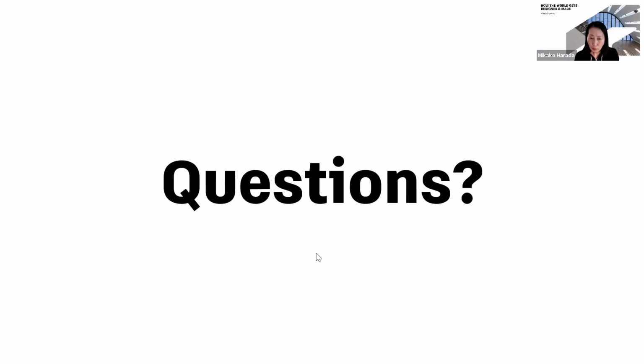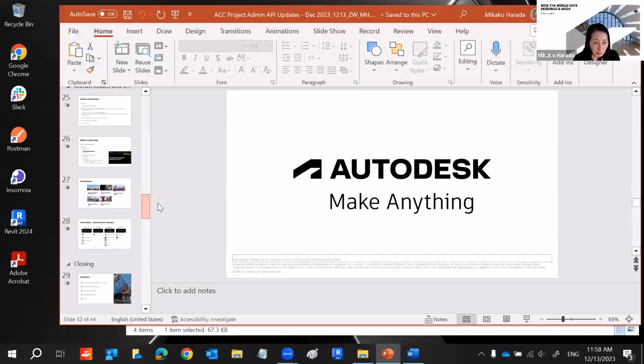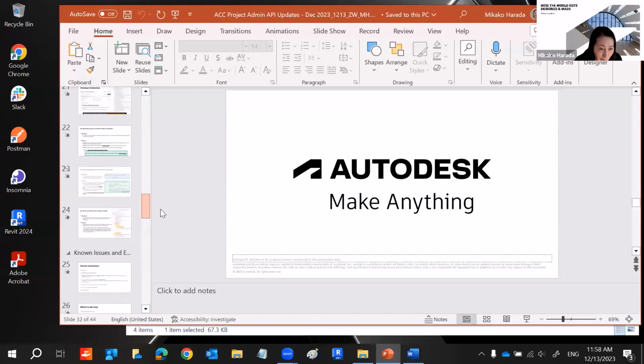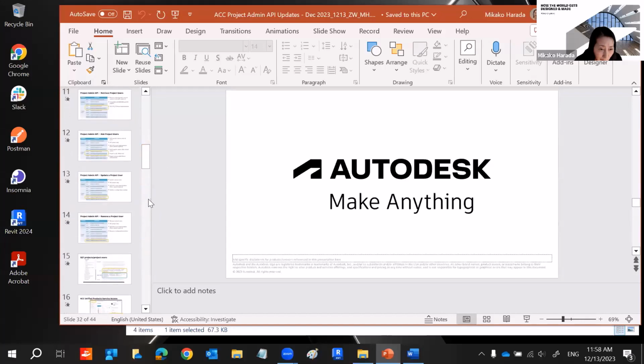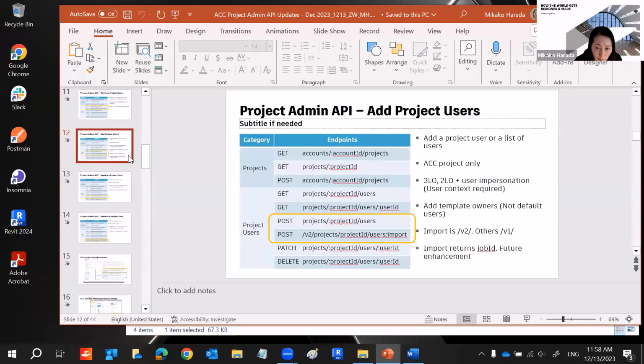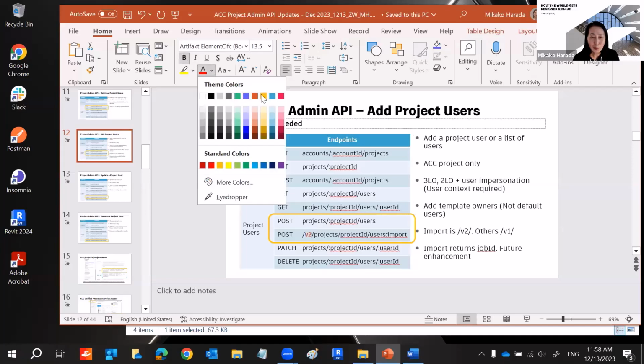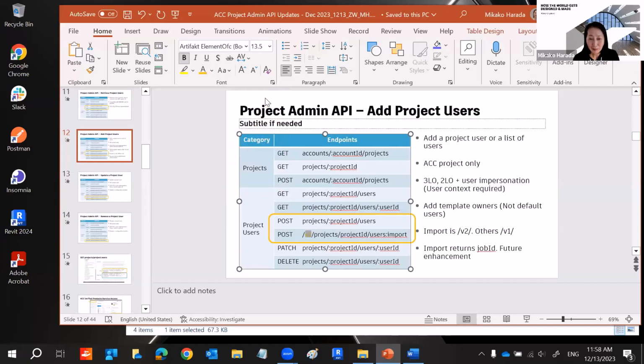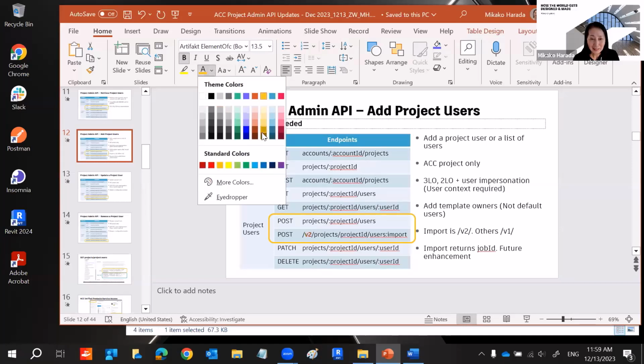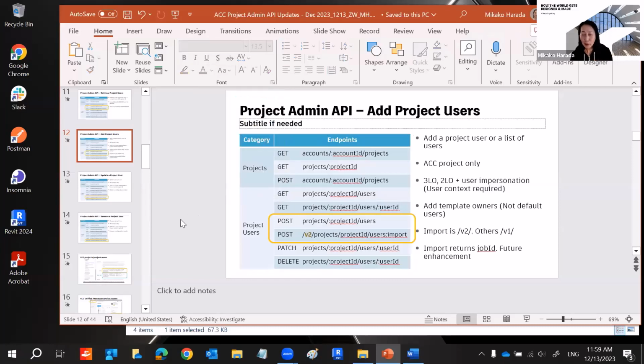So yes, V2 in import is v2. Only this one, so I had to put it big. Maybe I should put it like this. So, only this one, import, is v2.